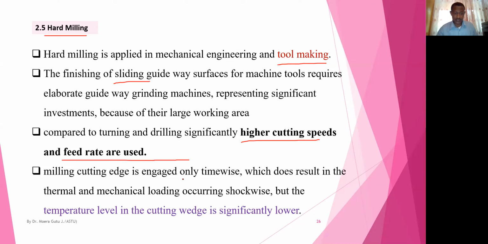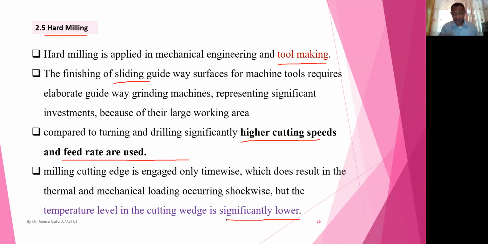The milling cutting edge is engaged only time-wise, meaning it can engage once with the workpiece, and the other time it is out, which does result in the thermal and mechanical loading occurring shock-wise. So it is intermittent, not continuous. But the temperature level in the cutting wedge is significantly lower.